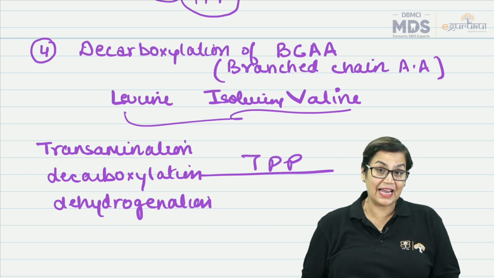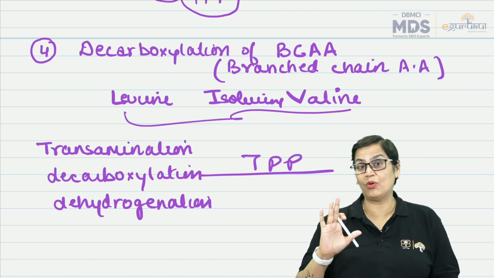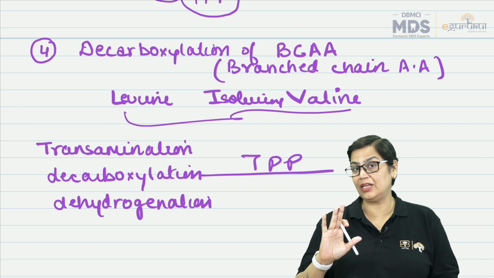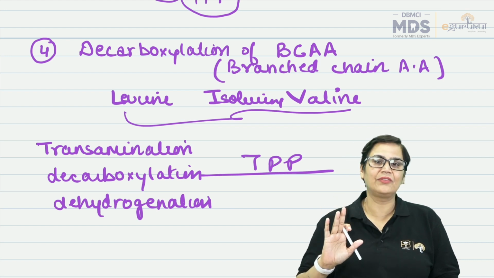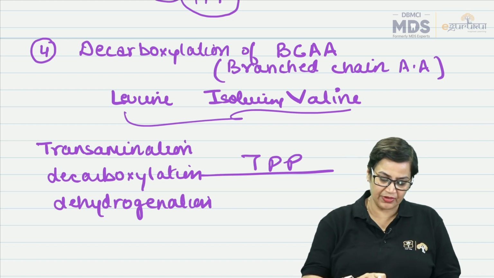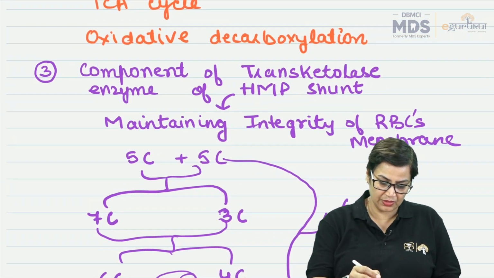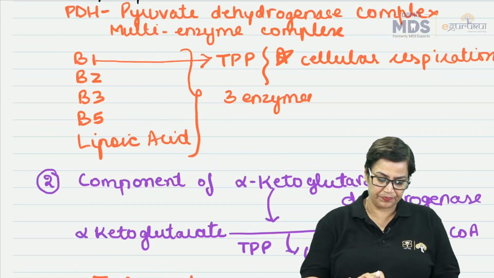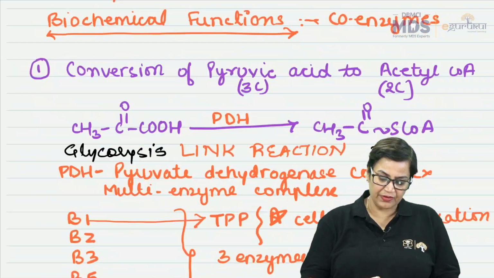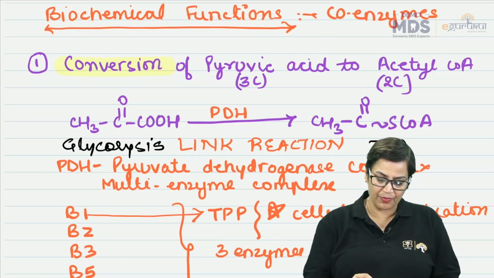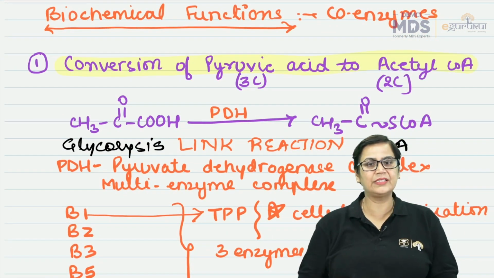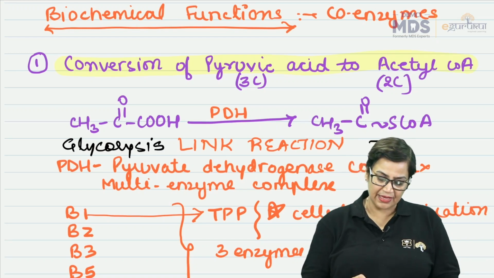So you can say that there are 4 important reactions in the body which cannot occur without TPP. First one is the conversion of pyruvic acid to acetyl coenzyme A. The enzyme is PDH. The most important coenzyme is B1.